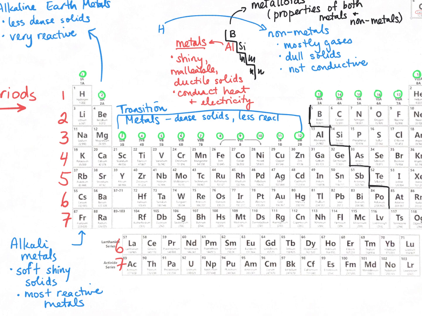So we get the most reactive metals over here in the alkali metals in group 1. Then group 2 is still very reactive, not quite as reactive as group 1, but still very reactive. Then when we move into here, the metals get less reactive. So in terms of families, you're responsible for the alkali metals, the alkaline earth metals in group 2, knowing the properties and location of the transition metals.